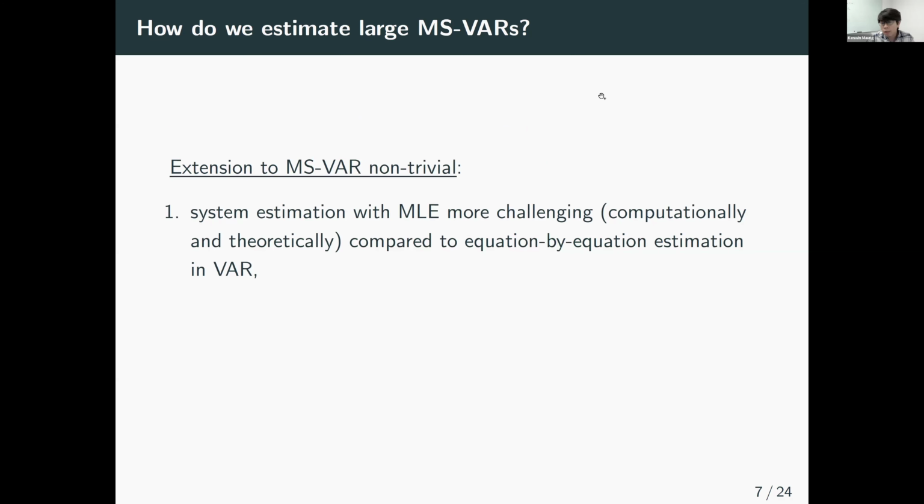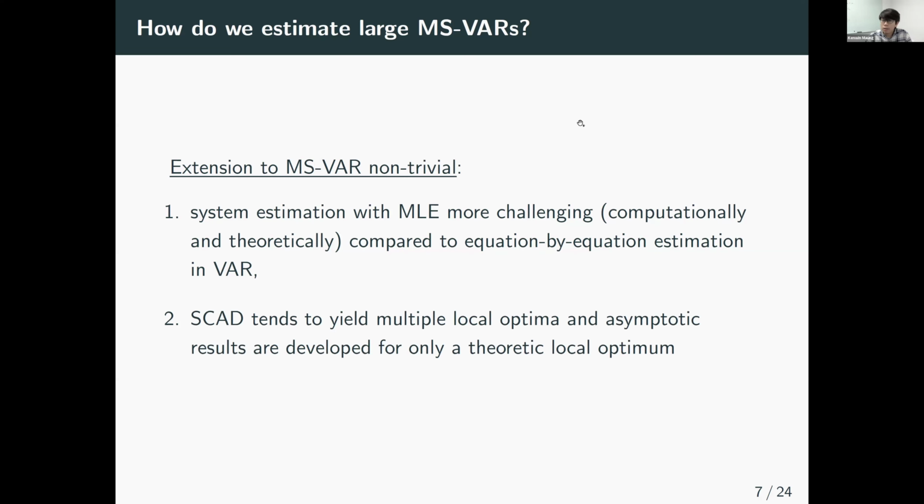The extension to Markov-switching VAR, as I mentioned, people have done this for a linear vector autoregression, is that computationally and theoretically speaking it is a bit more challenging because we have a system estimation with maximum likelihood, compared to just using an equation by equation approach in a linear VAR. And also, the SCAD penalty tends to yield many local optimal points.